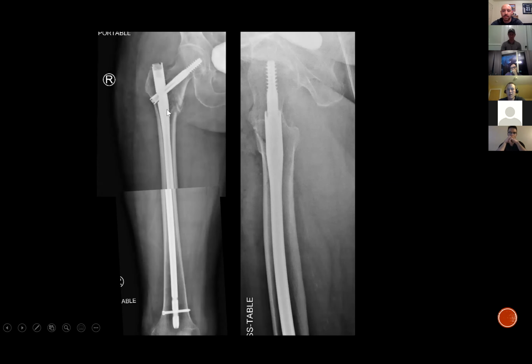You imagine this nail cannot tip back and forth very far because it has this long space here. So you don't need the screws to control angular motion here. All you need this screw to do is to prevent that nail from spinning in place so that the femoral neck could go into retroversion or anteversion. This screw's only job is to prevent that.